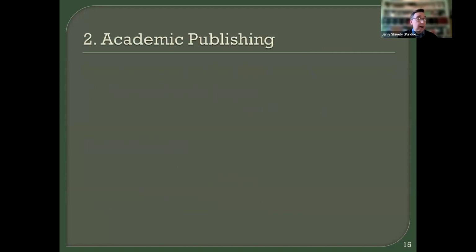Okay, so now I want to spend a little bit of time talking about the academic publishing process, because I think understanding it can be helpful. I think there's a certain mystery that surrounds it, and I'd like to dispel some of that mystery.